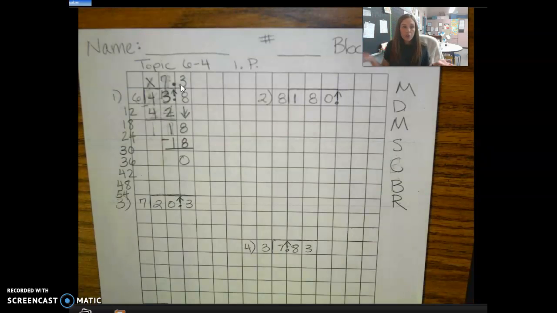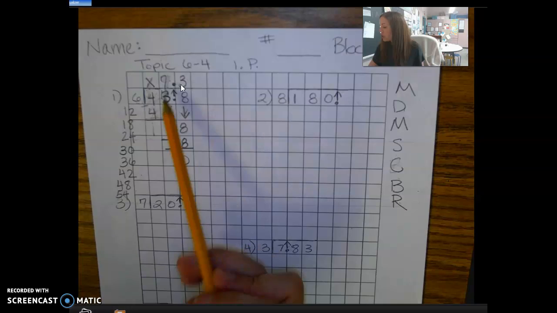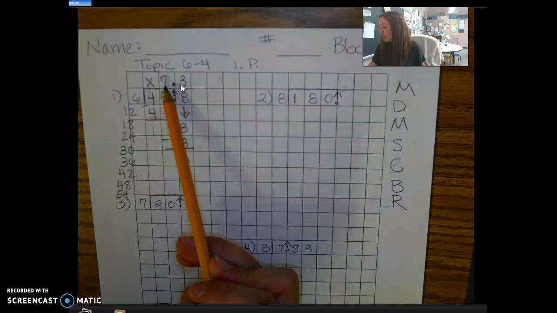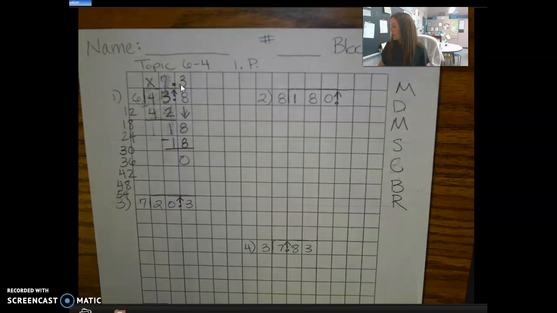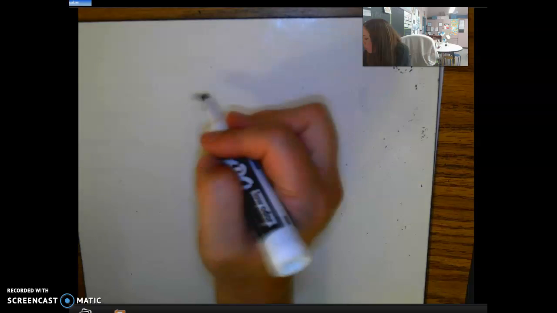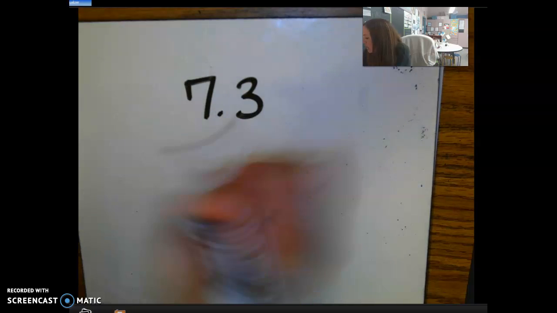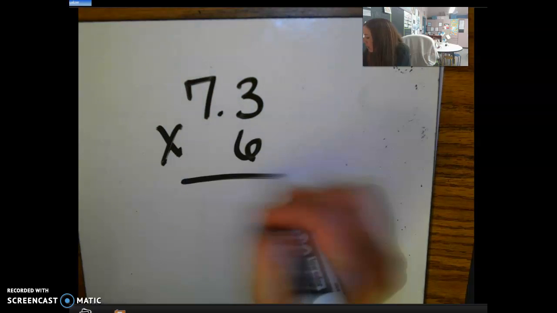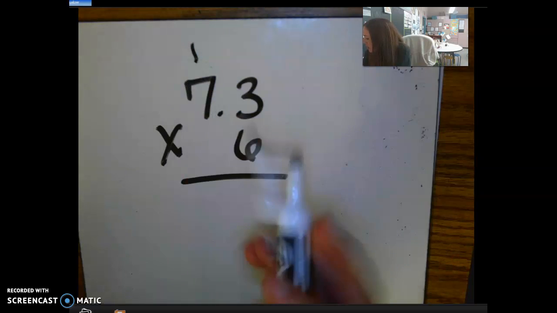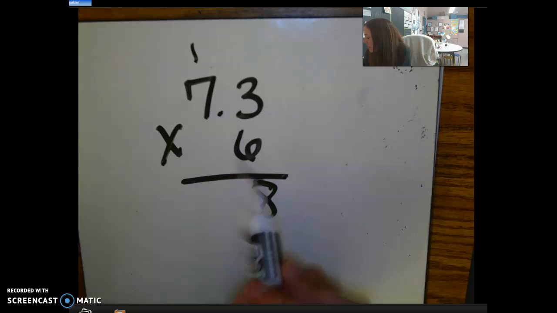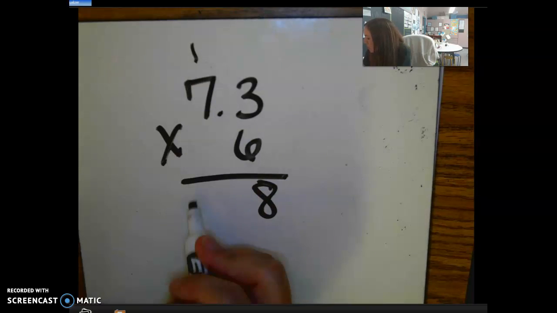Really quickly, I'm going to multiply to check. If we multiplied 7 and 3/10 times 6, we should get 43 and 8/10. I am going to use my dry erase marker and whiteboard for this. 7 and 3/10 times 6. 3 times 6 is 18. 7 times 6 is 42 plus 1 is 43.